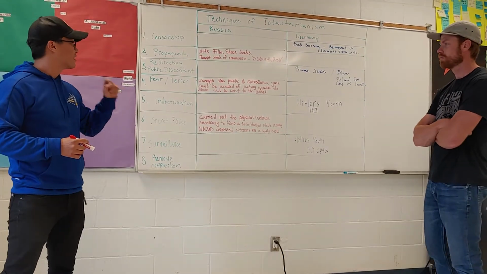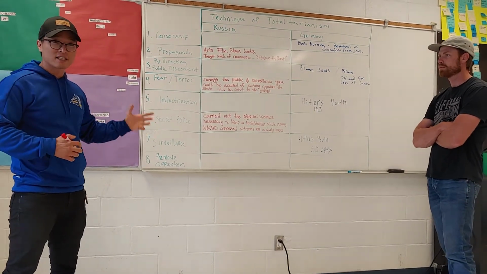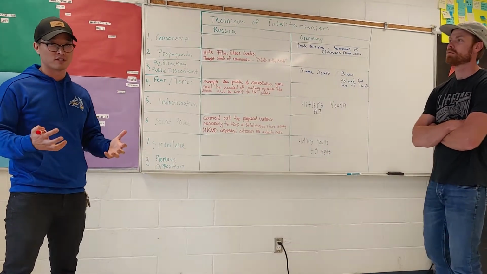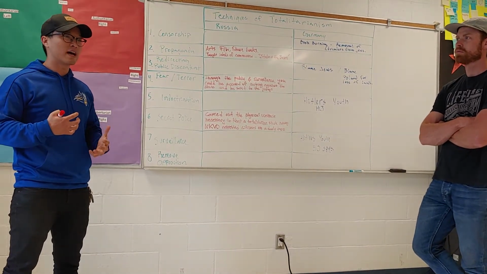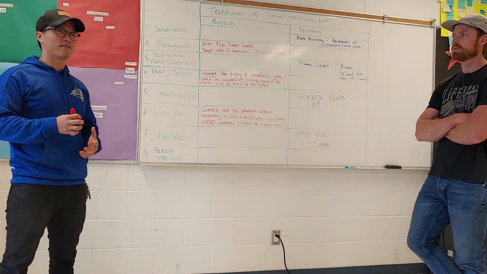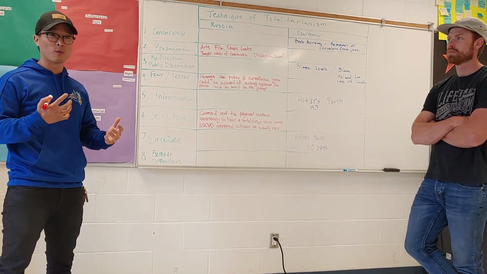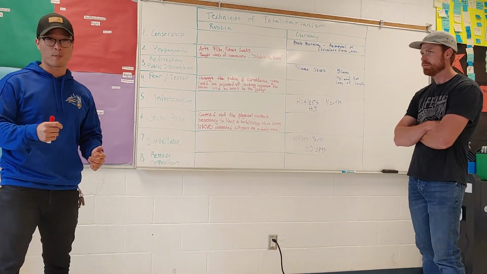So in Stalin's case, he did a number of purges, where he arrested someone he found to have disagreeable ideas or who maybe posed a threat to his own power.